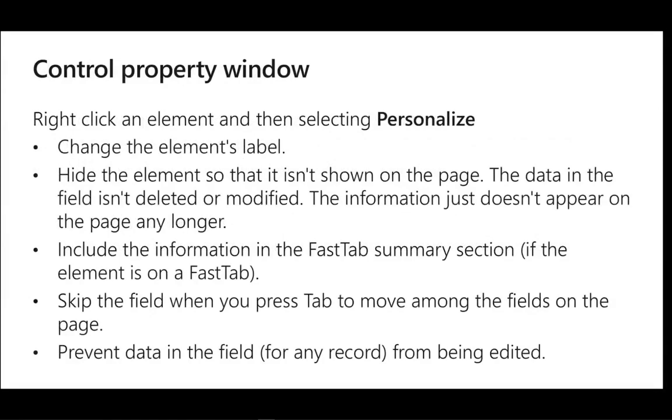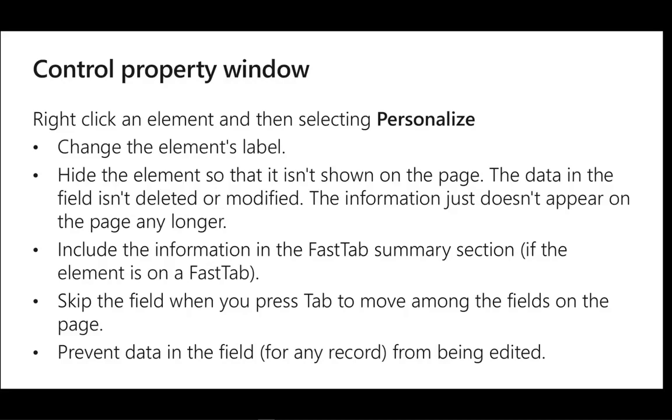Control property window. Also, the most basic type of explicit personalization is available by right-clicking an element and then selecting Personalize. We can use the property window to personalize an element in the following ways. For example, to rename the menu, we can change the element's label.